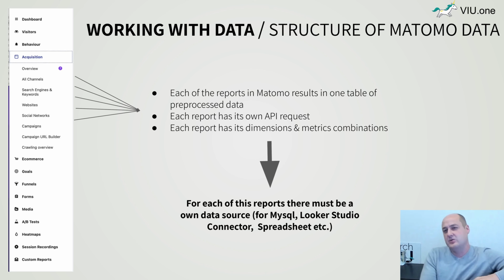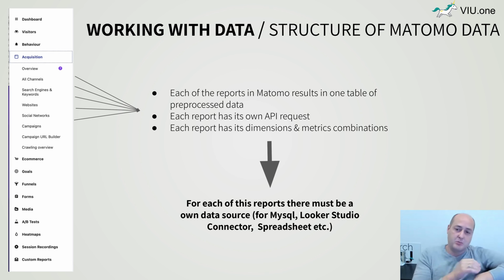Each report has its own API request and its own combination of dimensions and metrics. For example, the campaign report has the campaign name, and you can't add another dimension because it's not pre-processed. So you need to keep this in mind, regardless of whether you use a connector, Google Sheets, or SQL.